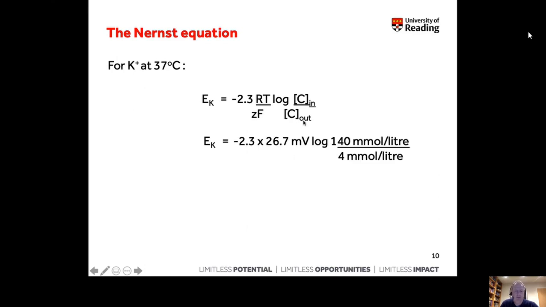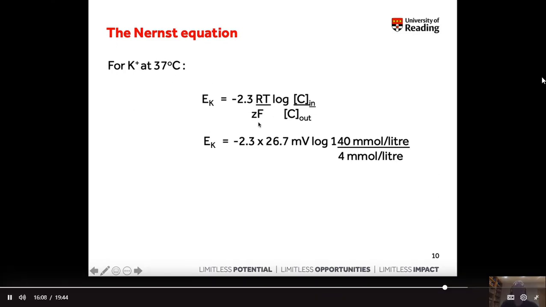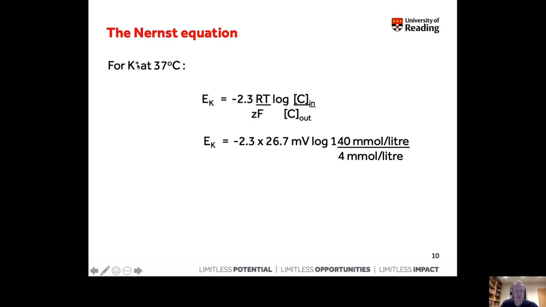Although this looks like a complicated term, if you take the gas constant and the temperature, 37 degrees, converted into kelvins, we know that the charge on potassium is +1, and we know that F is the Faraday constant. So you take all of those values and multiply R by T, divide it by Z times F, and we come out with this value here.